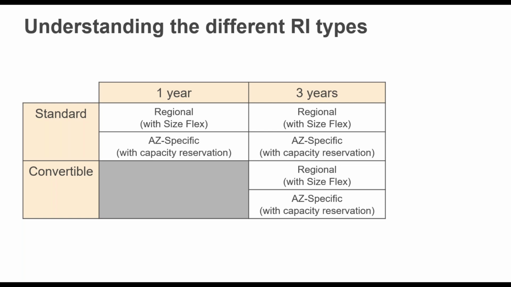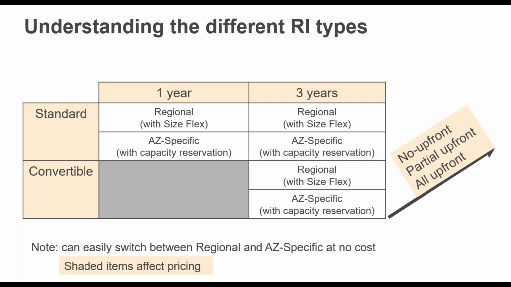Same as the standards, they're still tied to a regional or availability zone specific option. However, you have the flexibility to change things. The standards are also offered on a 3-year term, so 1 or 3 years based on your requirements.